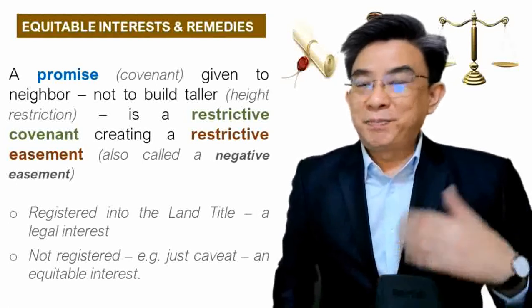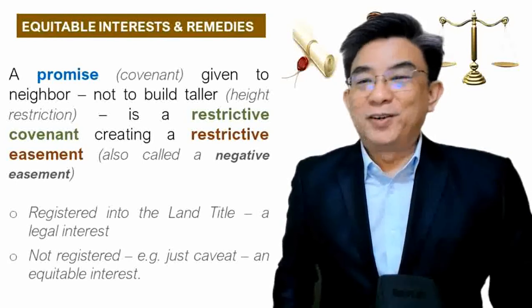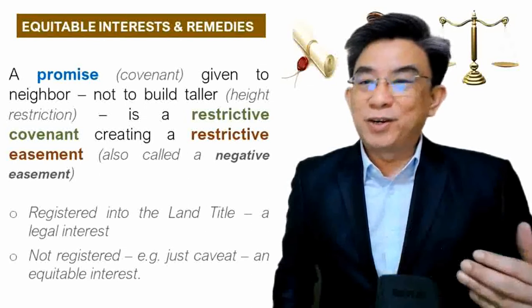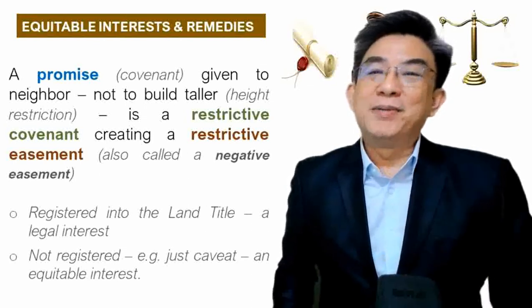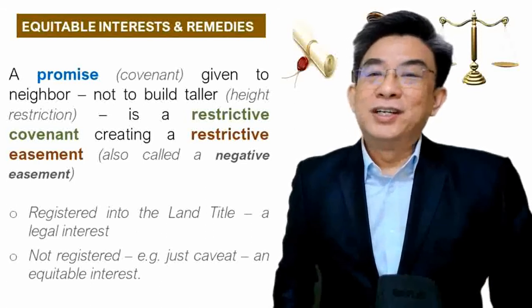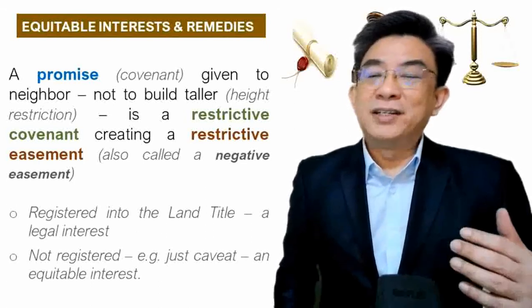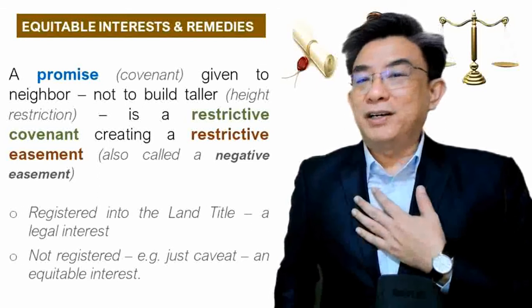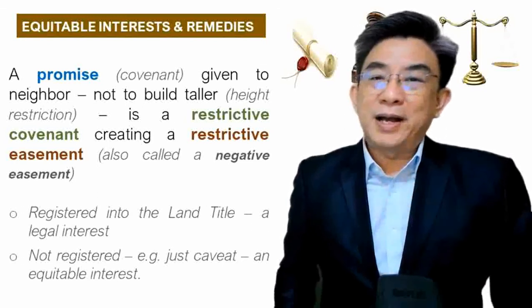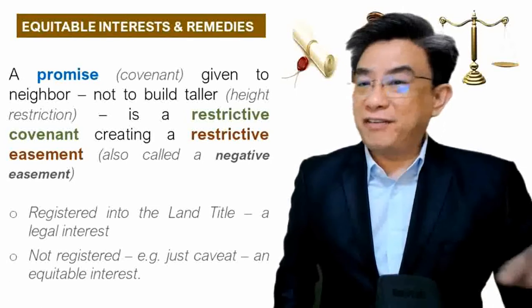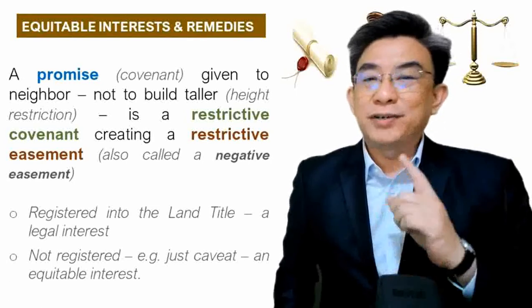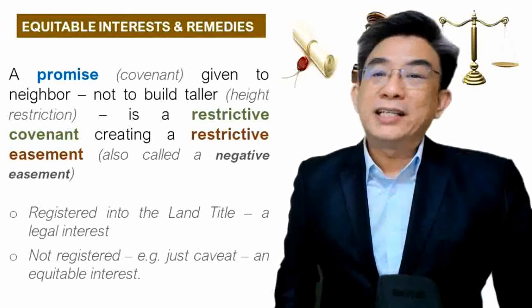But if the other side says, oh, better play safe, even though we never went into a deed, I can lodge a caveat against my neighbor because this is proprietary in nature. So therefore, you can lodge a caveat. Now, if the affected party doesn't object to the lodgement of the caveat, then the caveat will stay. So again, for caveat, I have a related video also.